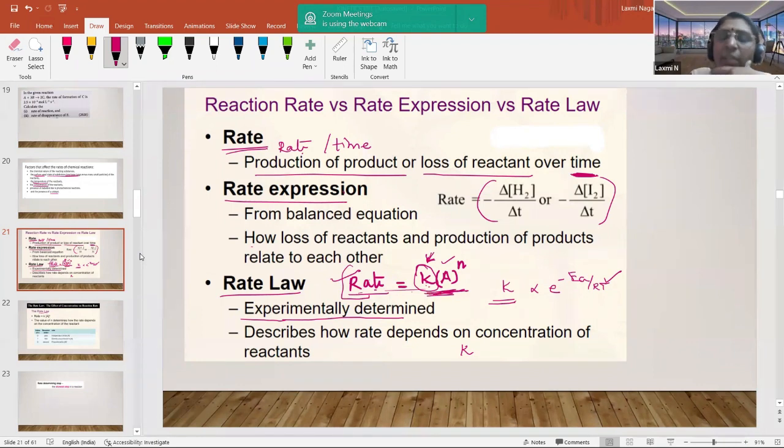Another very common question and very commonly made mistake. I won't call it a mistake because the book does not specify the definition of K, but the CBSE definitely asks the definition of K again and again. How do you define K, teachers? How do you define the rate constant? Do we say that it is the proportionality constant? Is it right to say that it is the proportionality constant?